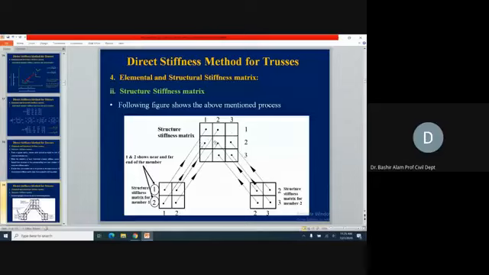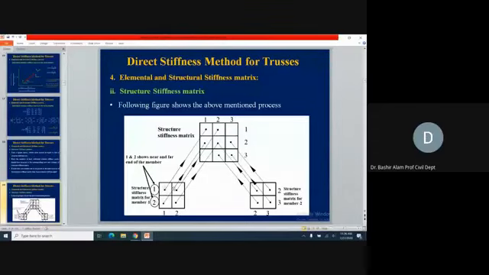This is the structural stiffness matrix. 1 and 2 show near and far end of the member. Here at the left side, in circle 1 and 2, 1 is the starting point and 2 is the ending point of the element.